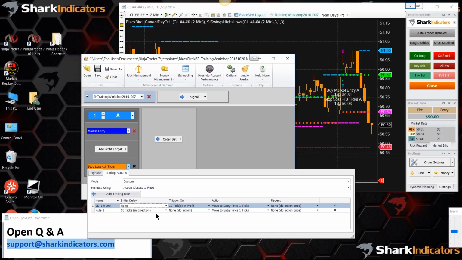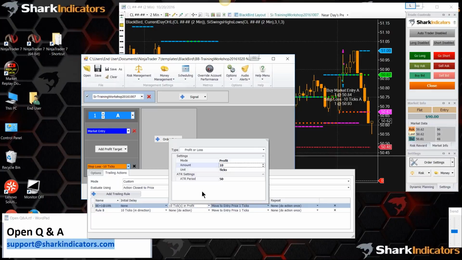So that's kind of the summary of how a trailing rule happens, right? And the power really comes in with using these triggers. The various triggers we have: you could use a Bloodhound trigger, right?